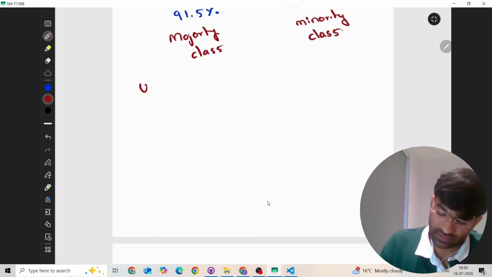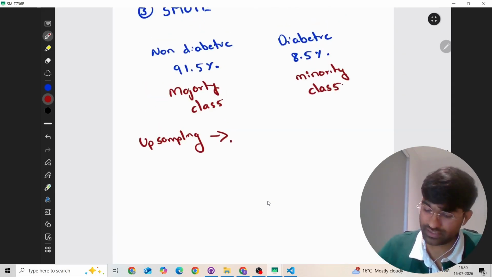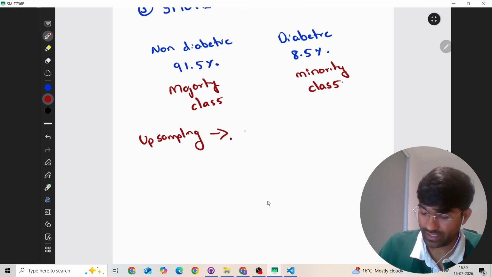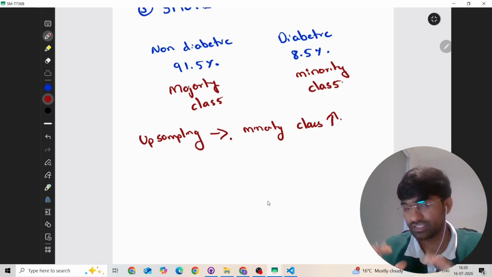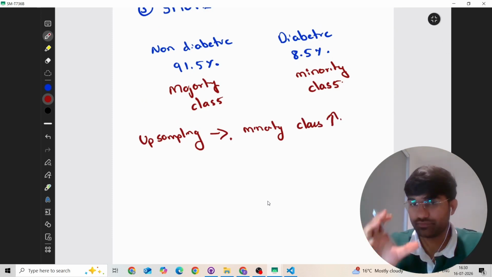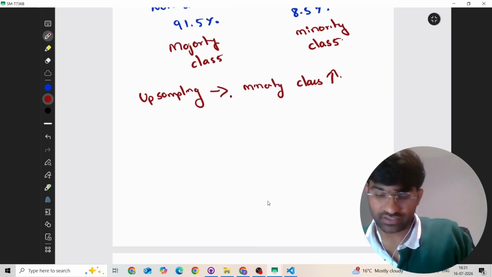What happens in upsampling? Upsampling will increase the data points from the minority class. It will generate the data. There is no specific rule, but it will create duplicated records, similar kinds of records.